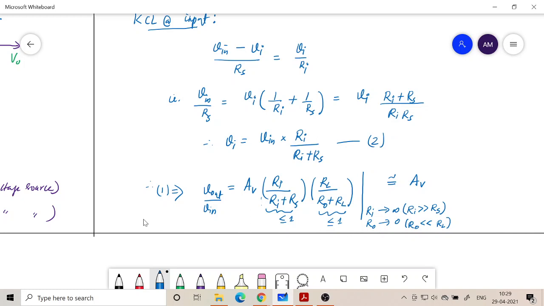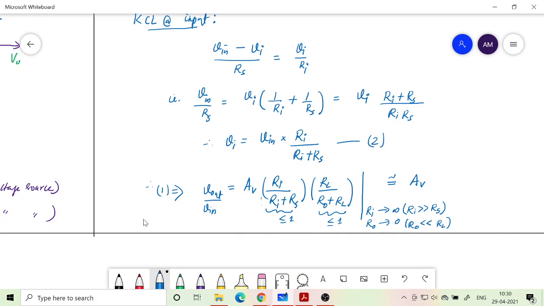If Ri is 10 times larger than Rs, it will be 10 divided by 11, which is also quite close to 1. So you can make the values of input resistance and output resistance such that these two bracket expressions will cause as small a reduction as possible, in the ratio of output voltage to input voltage.